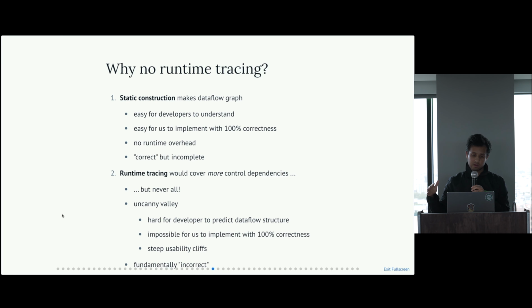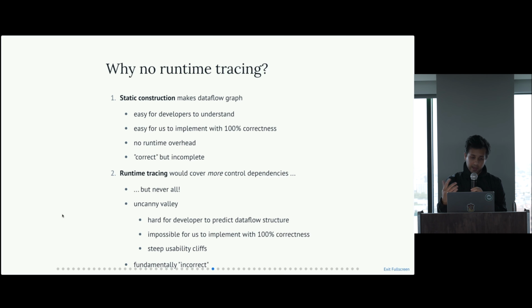There's no runtime overhead. It's a correct representation of the user's code, but it's incomplete, because if you mutate a list, we're not going to track that. If you start mutating variables in Marimo, we won't rerun cells that depend on that list. That's just part of our contract.